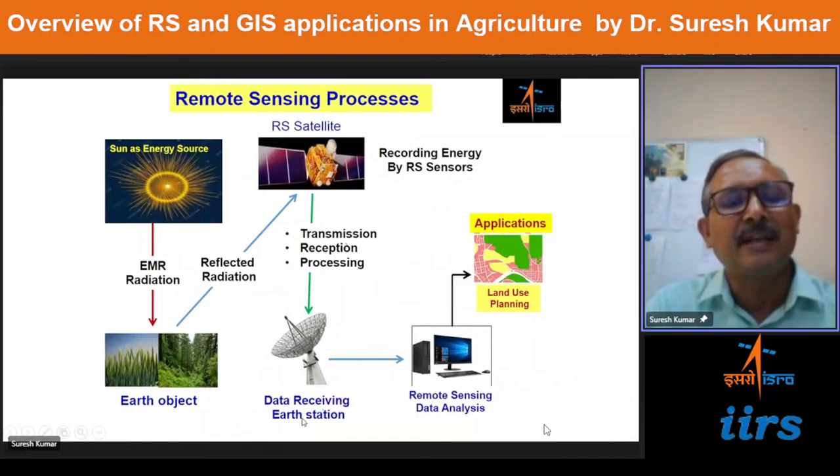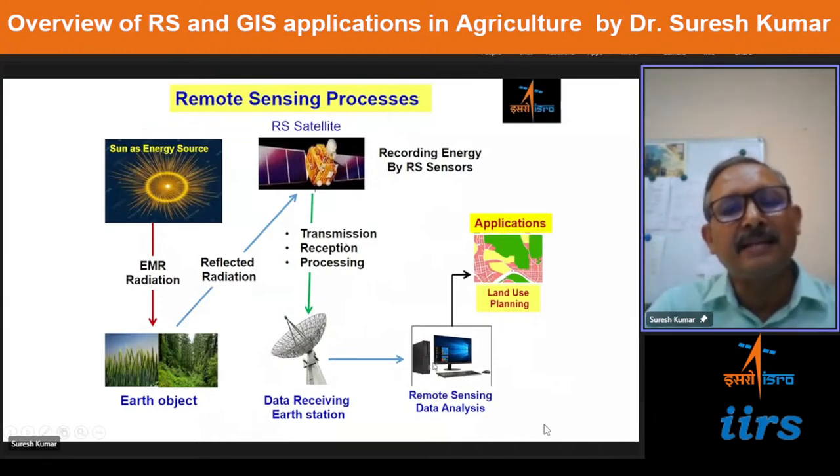From there these radiations are transmitted to the ground station. This is the ground station, the Earth station in India, located in Hyderabad, Shadnagar, where the antenna receives the transmitted data from the satellite, and we process it and send it to the National Data Center.